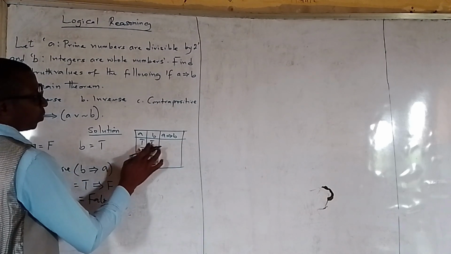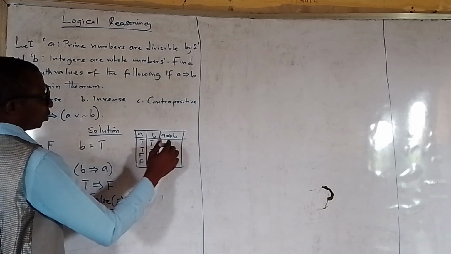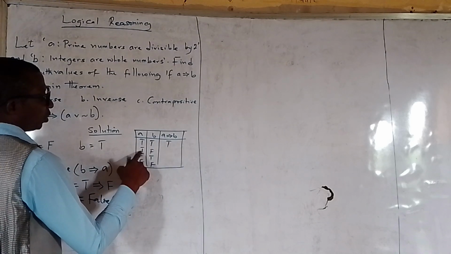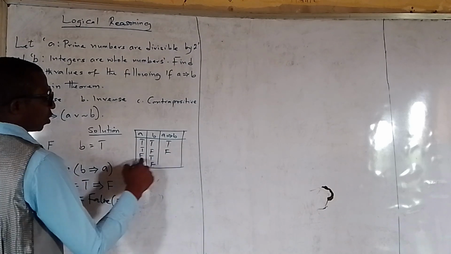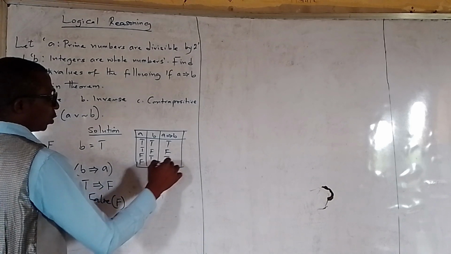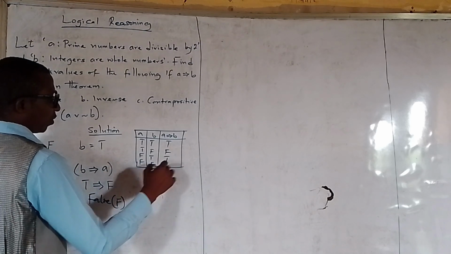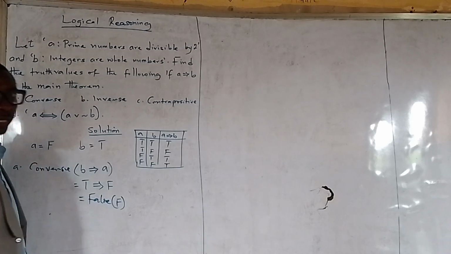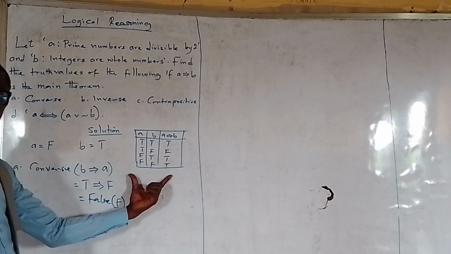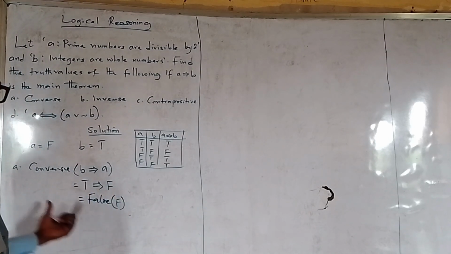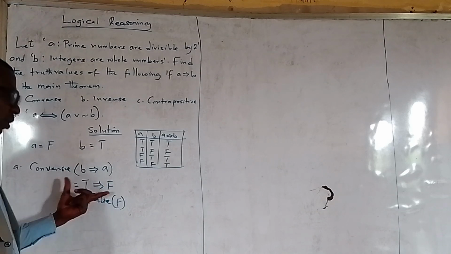And then true implies true is true. True implies false is false. False implies true is true. And false implies false is true. Okay, so this table you must master it very well. It's going to help you in solving this question.